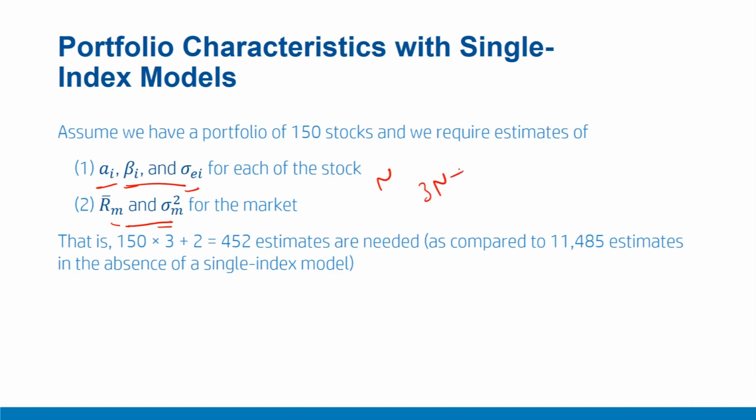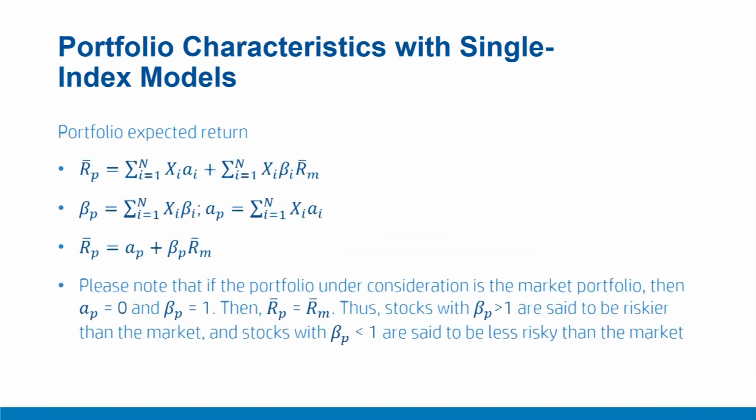Overall 3n plus 2. So if you believe that there are 150 securities that you want to track, you need 450 plus 2, 452 estimates, as compared to the 11,485 estimates when we did not assume any kind of correlation structure like single index or multi-index model. This is a very small requirement, a very simplifying structure that we have assumed here.